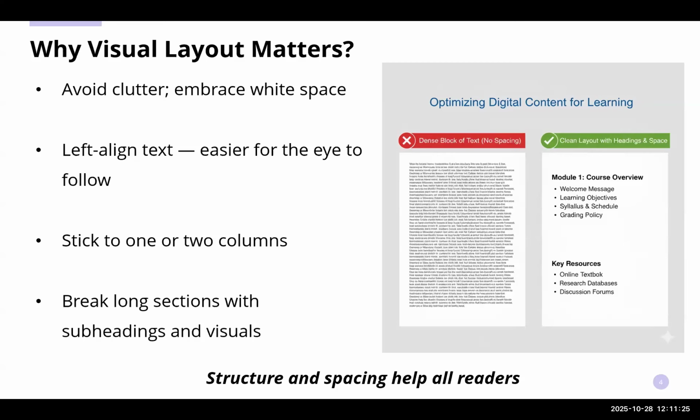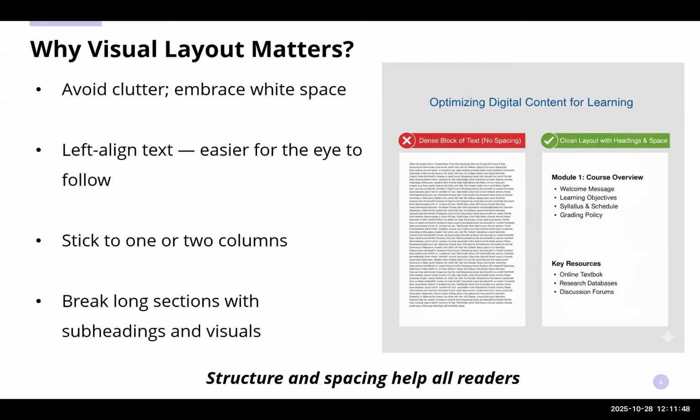You should also think about columns. So try to stick with one column of text or at most two. Multiple columns might look very interesting, but they can actually confuse readers, and screen reader users especially struggle with them a lot. Also on phones and tablets, multiple columns often break.